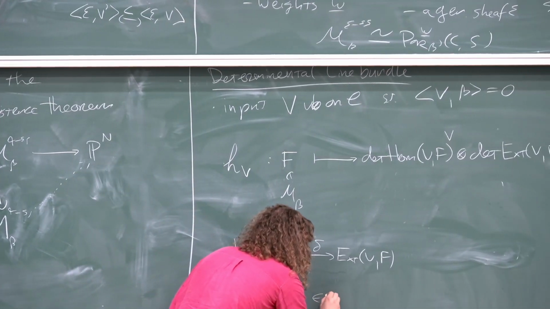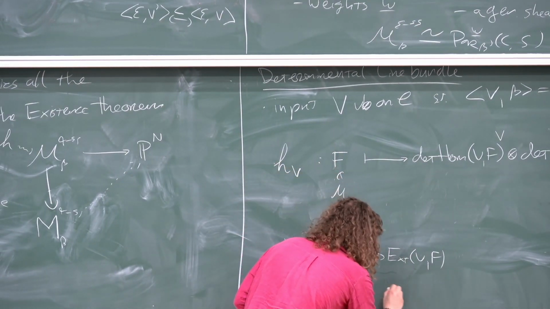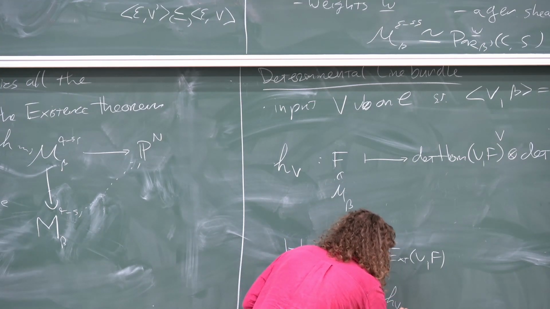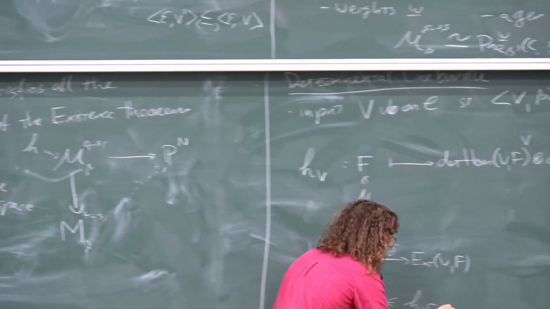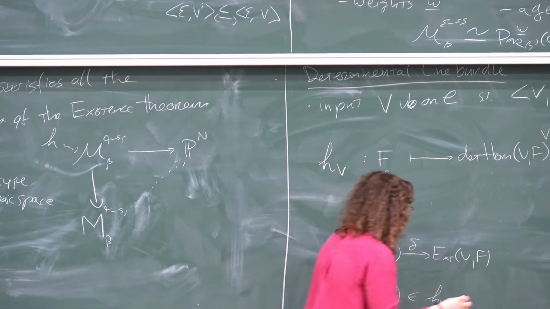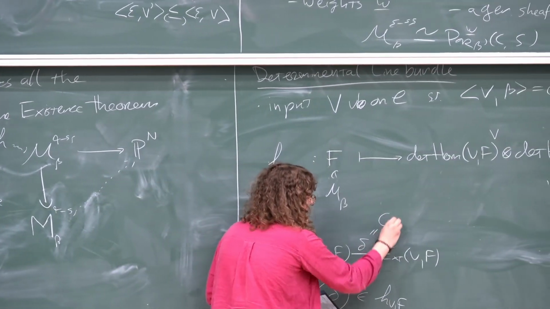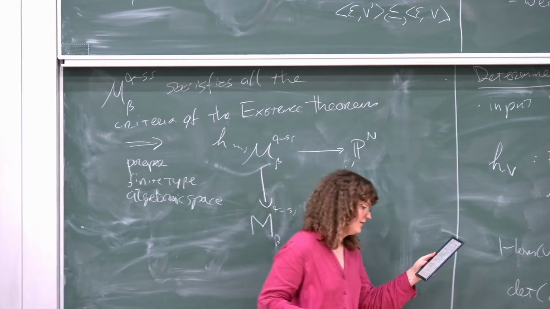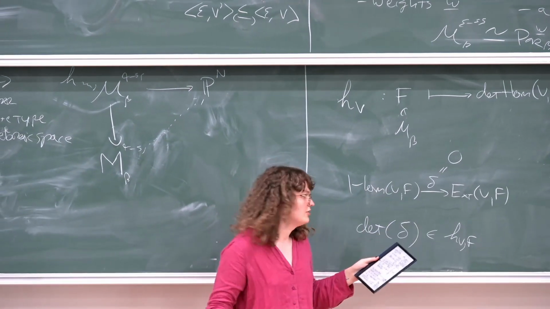And this really is a section of L_V. Then the question is, what really is this section? I wrote delta, but this is just the zero map. So you have to wonder what's the determinant of the zero map.